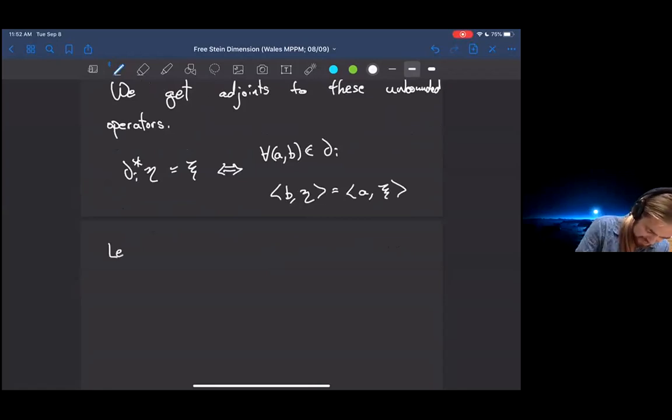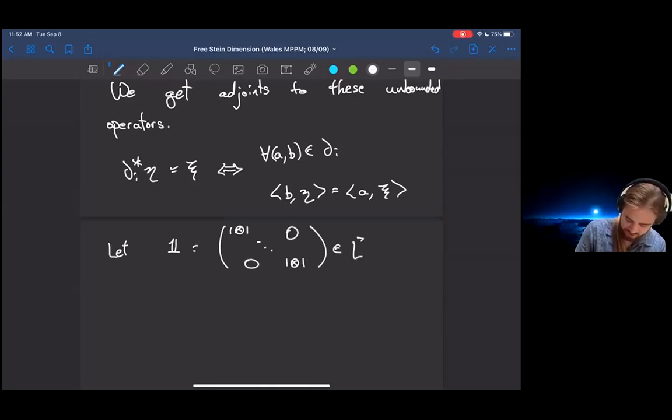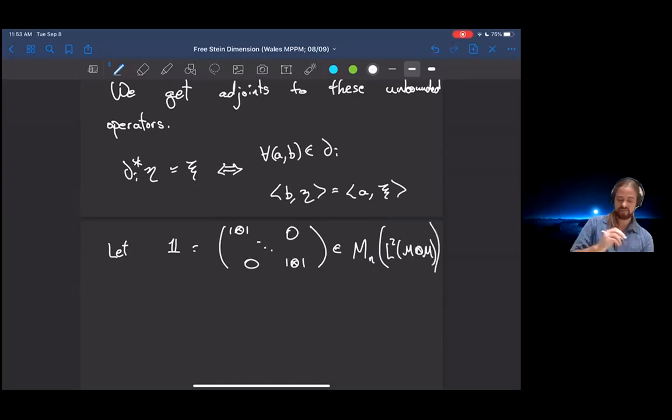Well, if I let blackboard 1 be the diagonal matrix whose diagonal is given just by 1 tensor 1 everywhere, zeros on the off diagonal, this is an element of n by n matrices in L2 of M tensor M, or M tensor M op if you prefer.